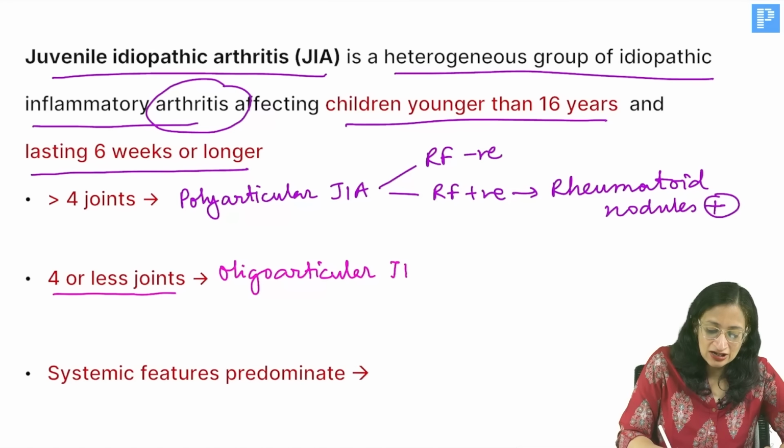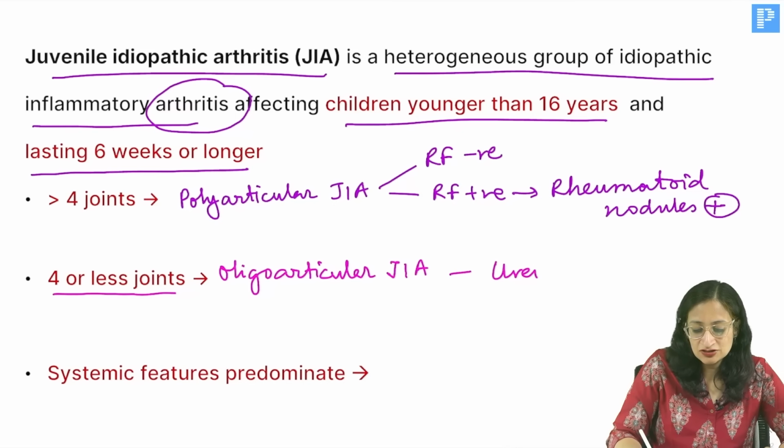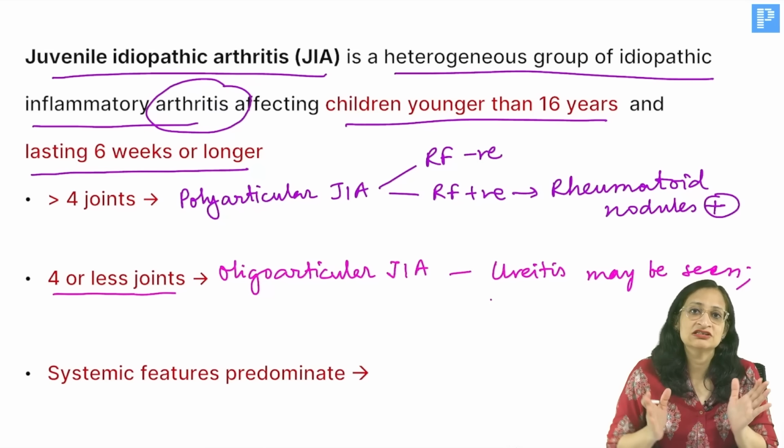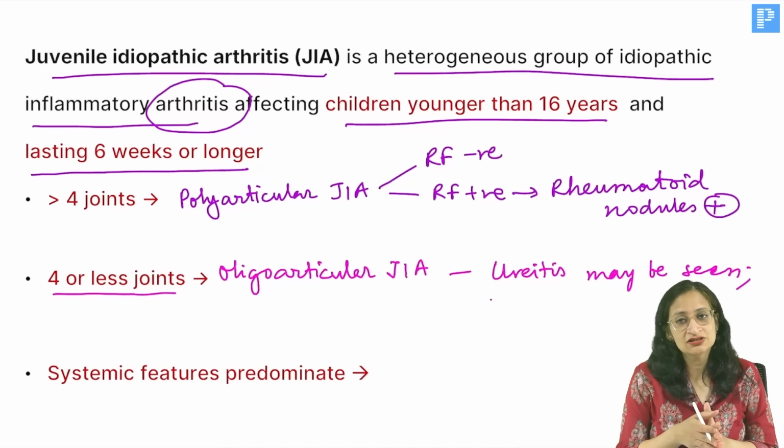In oligoarticular JIA, uveitis may be seen and ANA positivity may be there. Sometimes, the JIA begins with oligoarthritis and slowly more than 4 joints are also involved. Then it becomes polyarthritis.